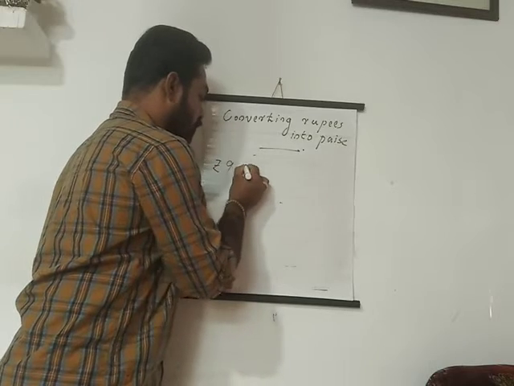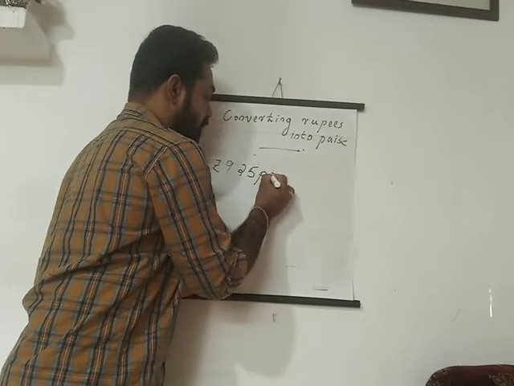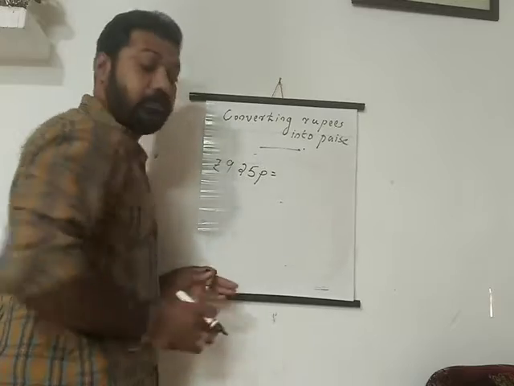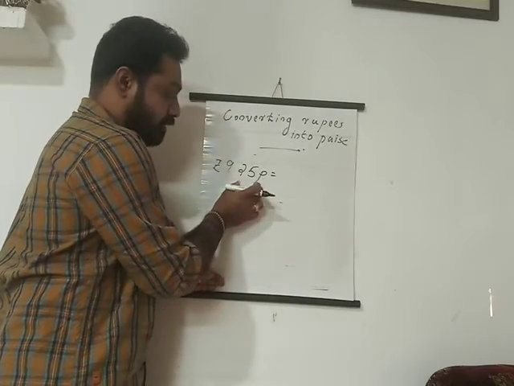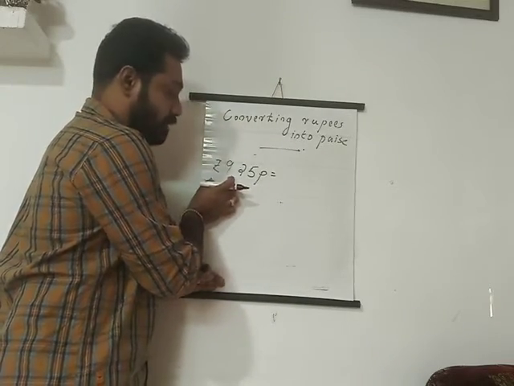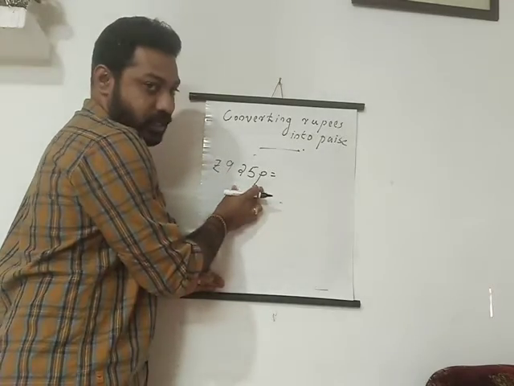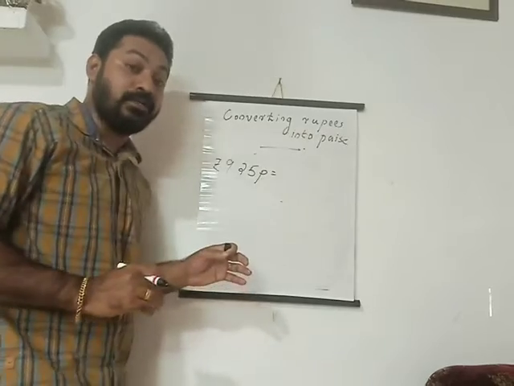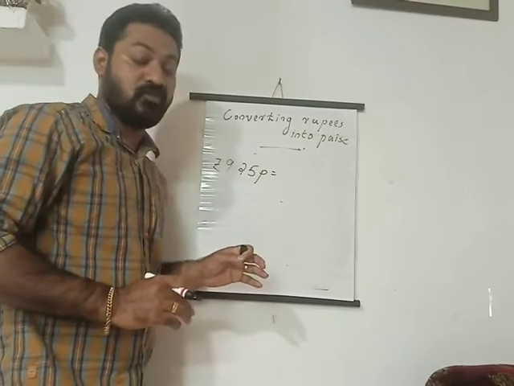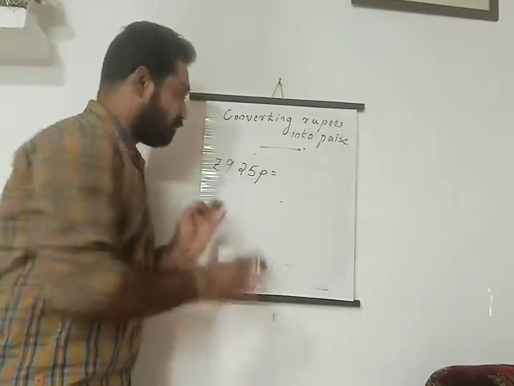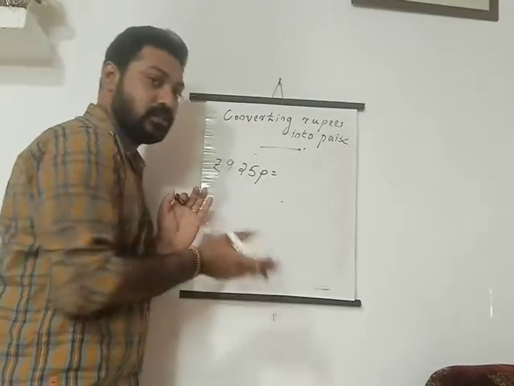If it is 9 rupees 25 paise, we need to convert all this into paise. Here this part is already in paise and this is in rupees, so we convert the rupees and add the rest. Like we learned in the measurements chapter, the addition of length, the same method we are using; only the units are different, there it is kilometer, meter.